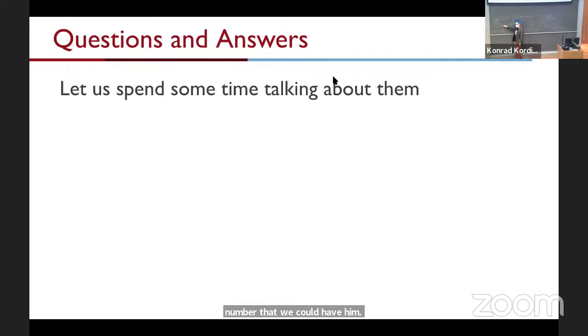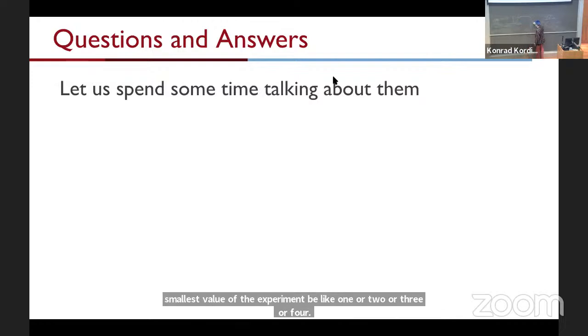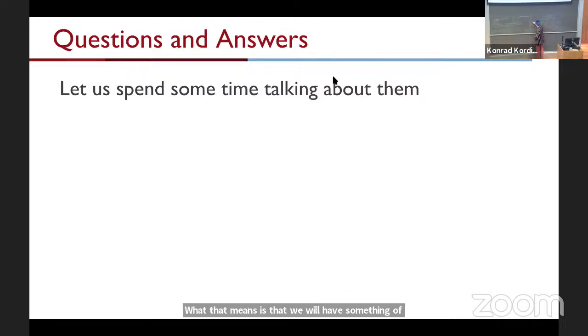Now let's take the smallest value that this can describe. The smallest value that this can describe is basically times 0. And then the values can therefore, at that smallest value of the exponent, be like 1 or 2 or 3 or 4. What that means is that if we zoom in all the way, we will have 0, and we will have 0 up to a certain level.